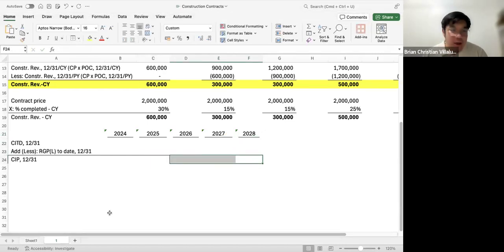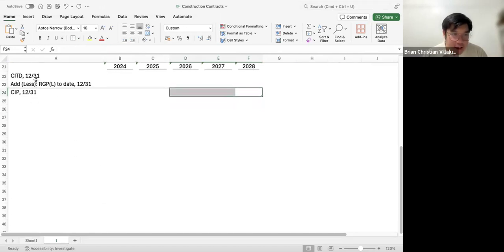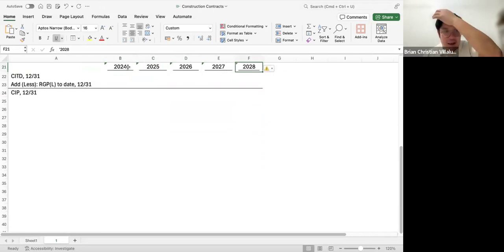Ayan. So, paano natin babasahin itong formula natin? Cost incurred to date, December 31, 2024, 2025, and so on. Realized gross profit or loss to date, December 31, 2024 until 2028. Ganun lang. Okay?